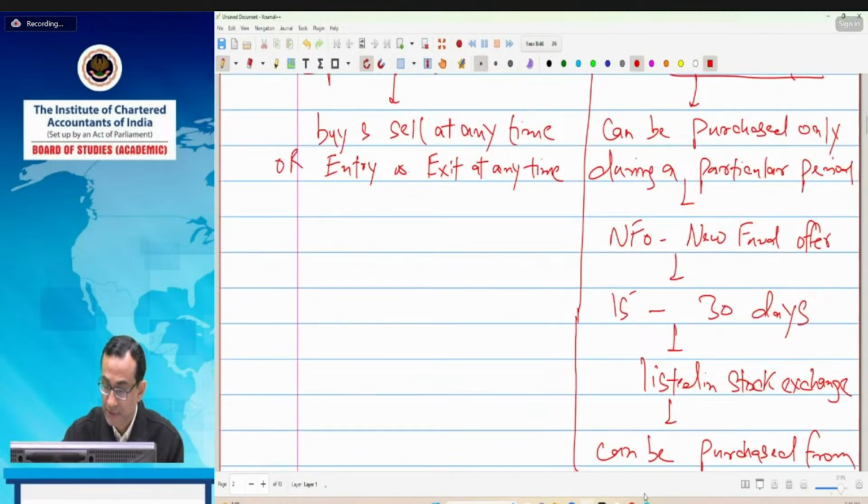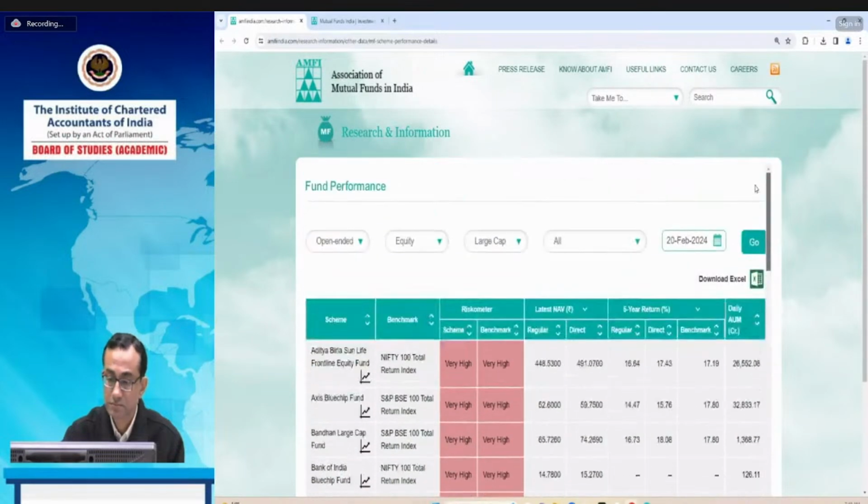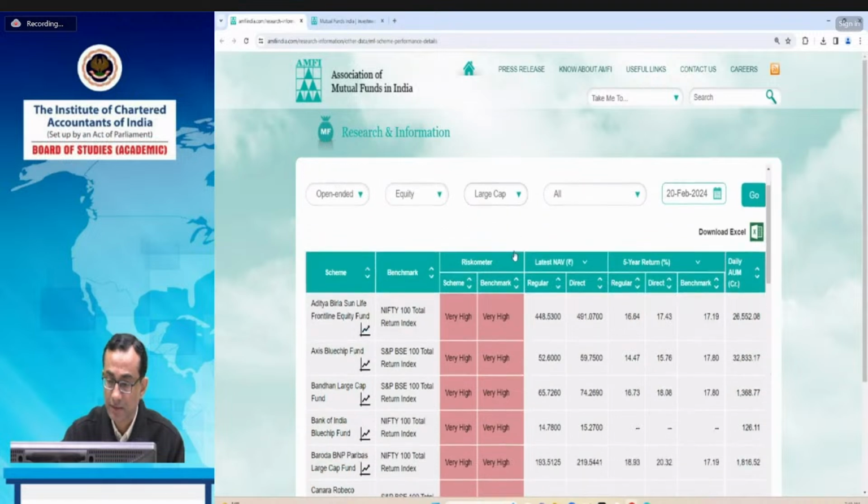I will just give you an example. I hope this is visible in front of you. These are some of the open-ended funds. This is the AMFI site, Association of Mutual Funds site. And these are some of the open-ended funds.